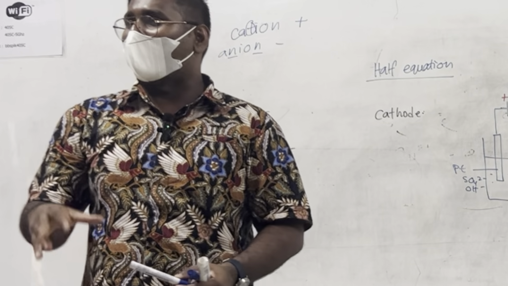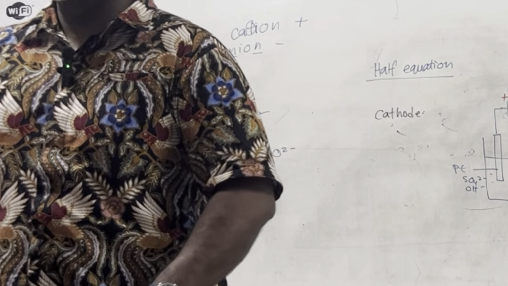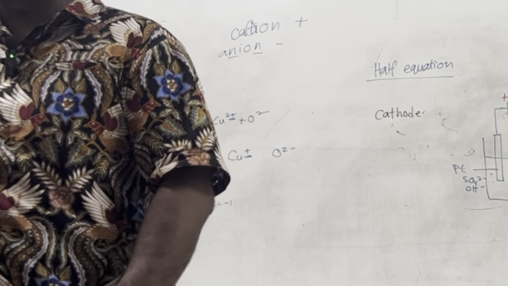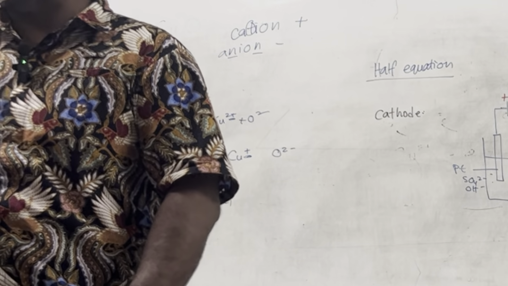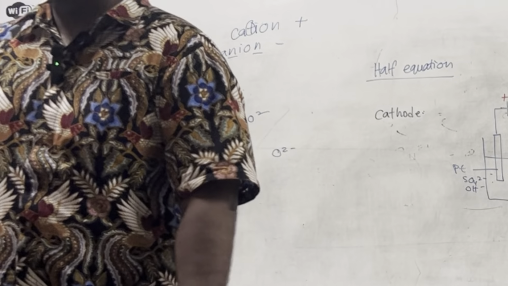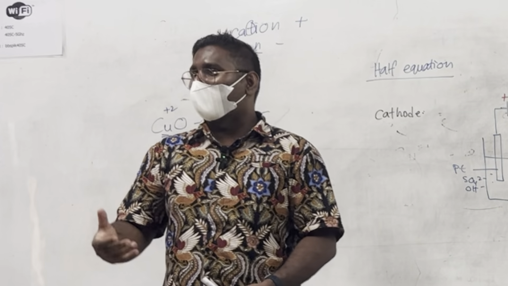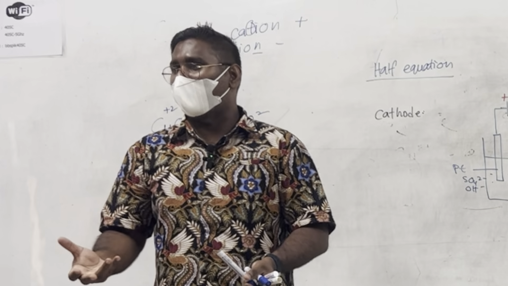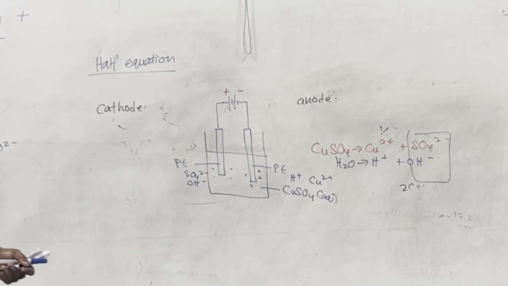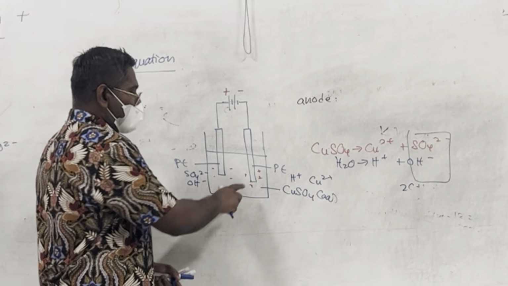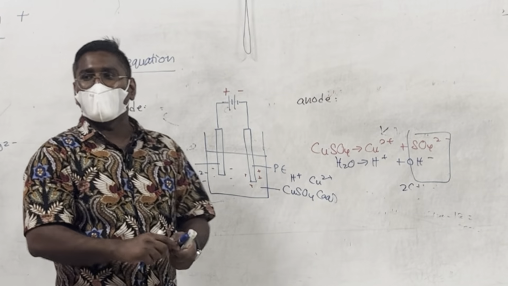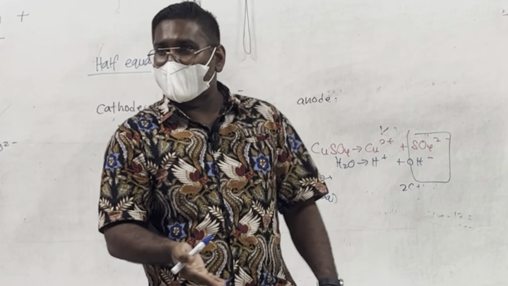Cation means positive ion. Anion means negative ion. From where we have this name, it's because of this cathode and anode actually. Why? Because these positive ions are cations.